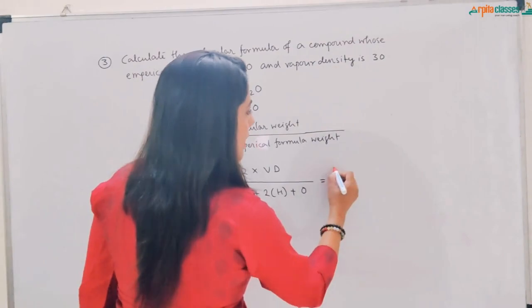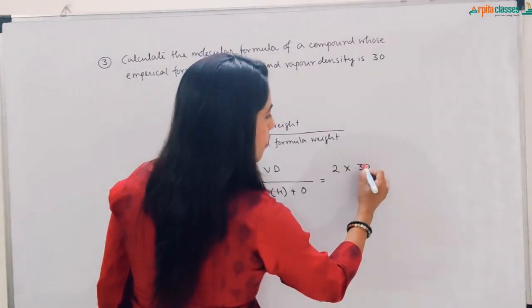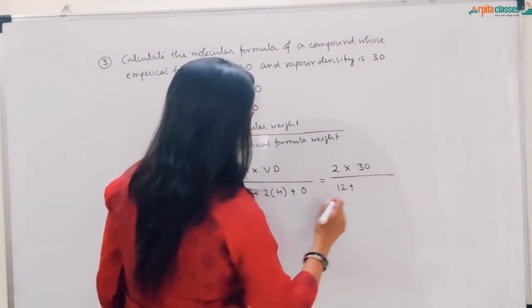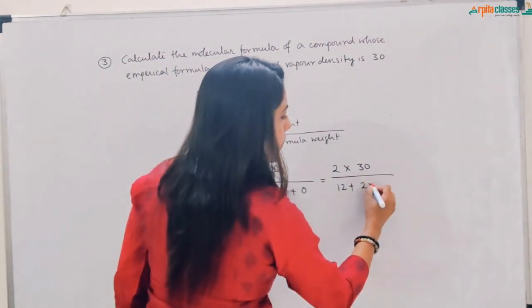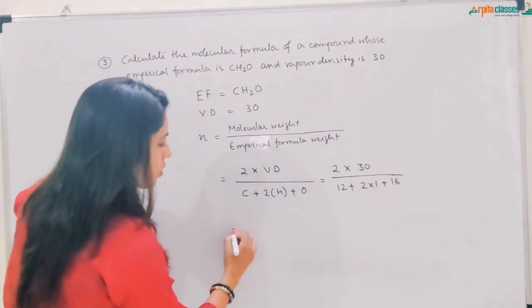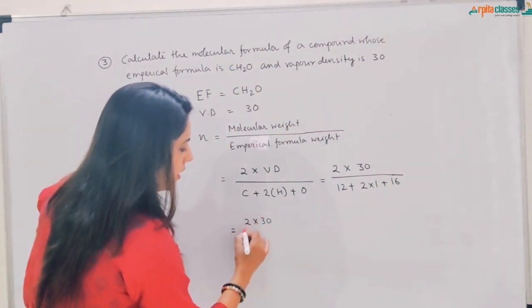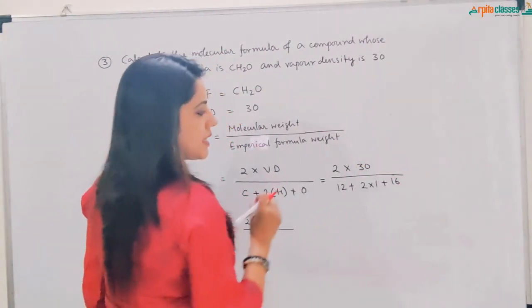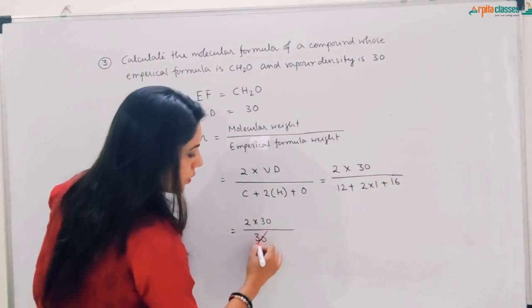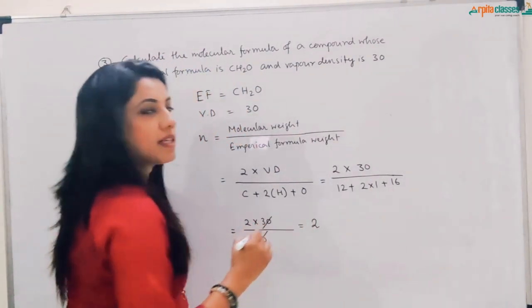Now, 2 into vapor density is 30 over here, and atomic weight of carbon, which is 12, plus 2 into atomic weight of hydrogen, which is 1, plus oxygen is 16. So it is coming 2 into 30 divided by 12 plus 16, that is 28. 28 plus 2 is again 30. So 30 gets cancelled. N is 2.